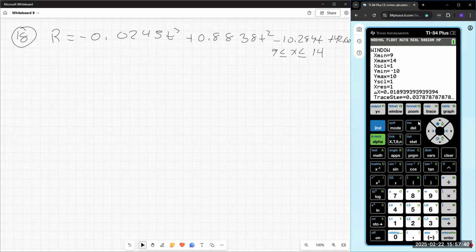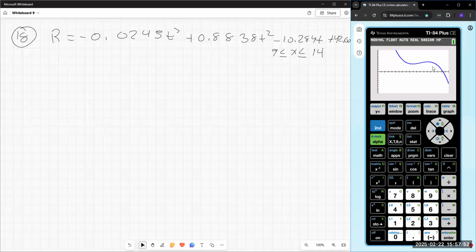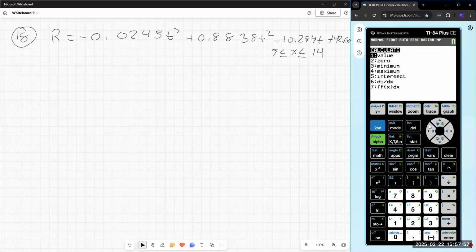So I'm going to pull this out, 0 to 20, so that I can exaggerate this a little bit more and see that low point and high point right there is what I am interested in. So I'm going to use my second calc and my minimum feature here to find this minimum value. Just cut out a little interval with that minimum that is somewhere right about there.